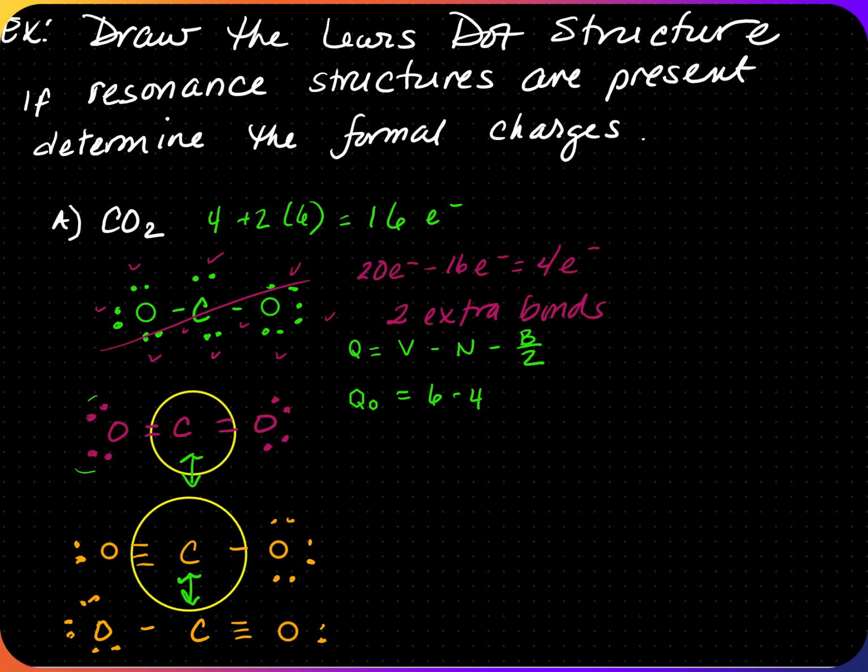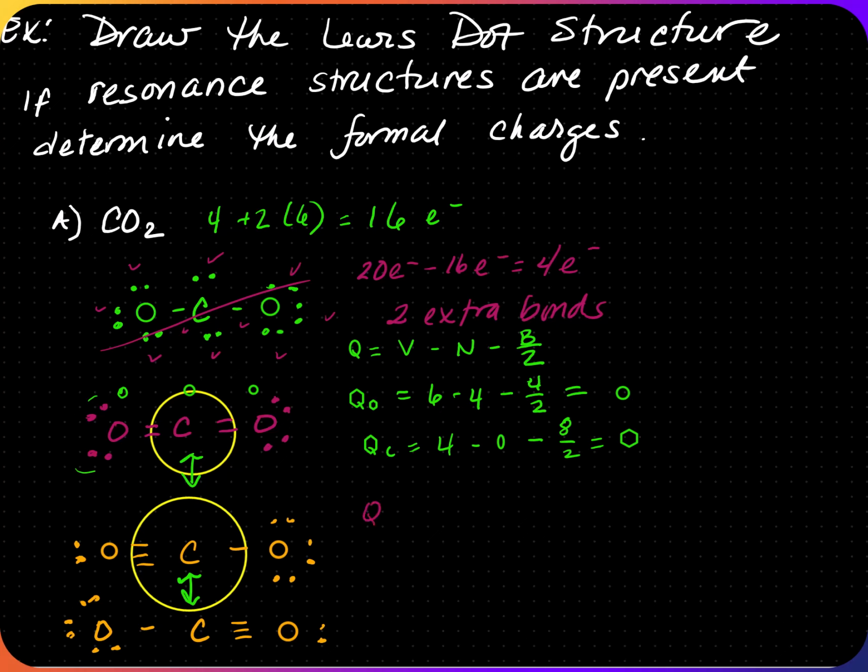It has 2 bonds, which is 4 electrons divided by 2, which equals 0. The carbon has 4 valence electrons. It has no non-bonded electrons because there are no lone pairs, and it's completely bonded, so that's 8 electrons divided by 2, so this is 0. My formal charges are 0, which is the most stable structure.